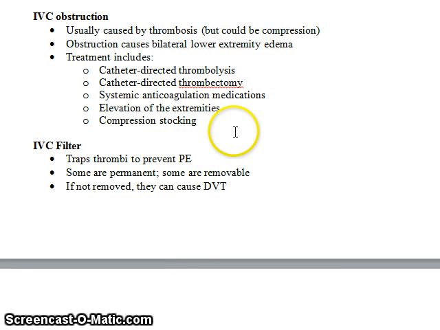The next pathologies on the list are IVC obstruction and IVC filter, which we've talked about a little bit already. An IVC obstruction is a lot of times caused by a thrombus, a blood clot, because remember, the venous system is very low pressure. It's only about 5 millimeters of mercury versus the arterial pressure, which is 120 over 80 as a normal. So very low flow.